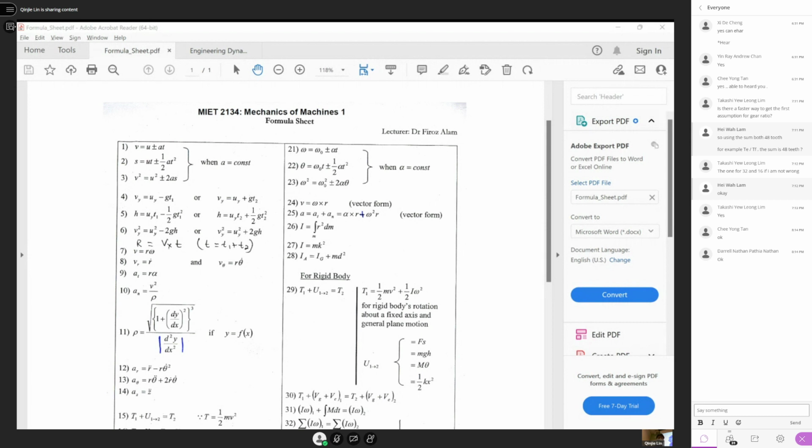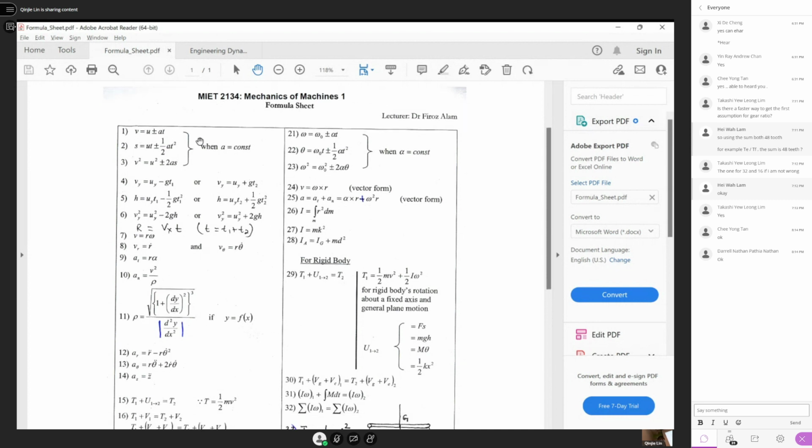This will be the formula sheet that you all will use.